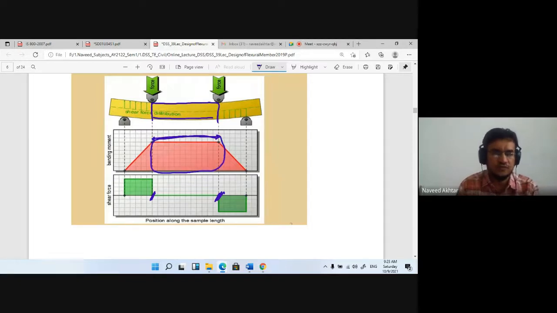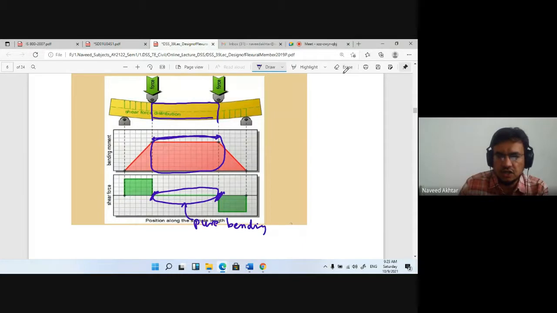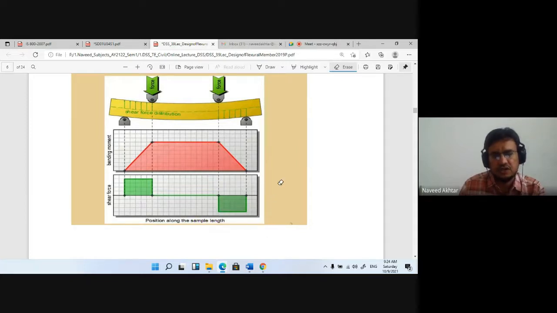There is no shear force, the shear force is zero. That case is called the pure bending case, if there is no shear force acting on that part.